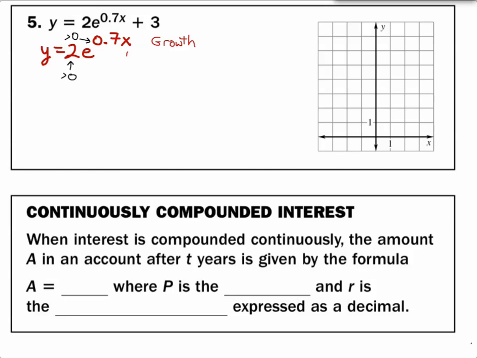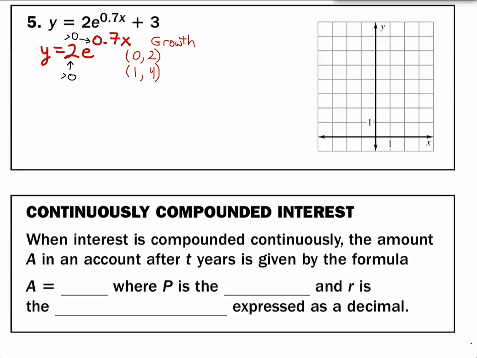Now, if we plug in a couple of points, we could probably start with the number 0. If you substitute 0 into this simpler function, 0.7 times 0 is 0, e to the 0 is 1, 1 times 2 is 2, so you have the point 0, 2. Then if you plug in 1, 0.7 times 1 is 0.7, and you end up with about 4.